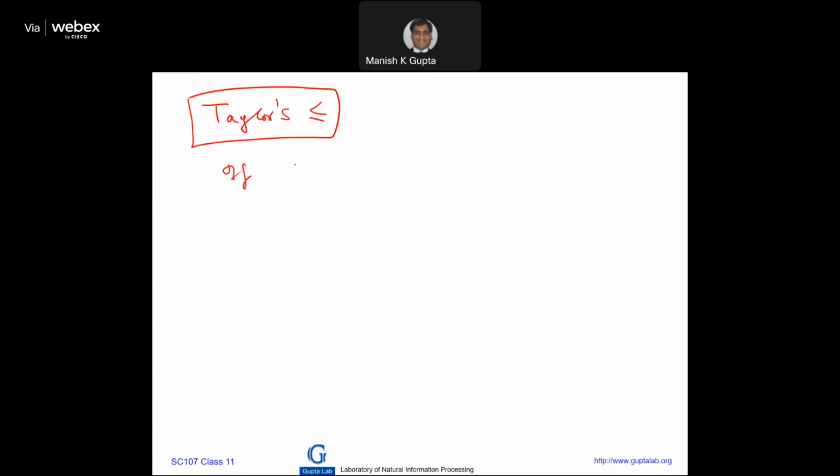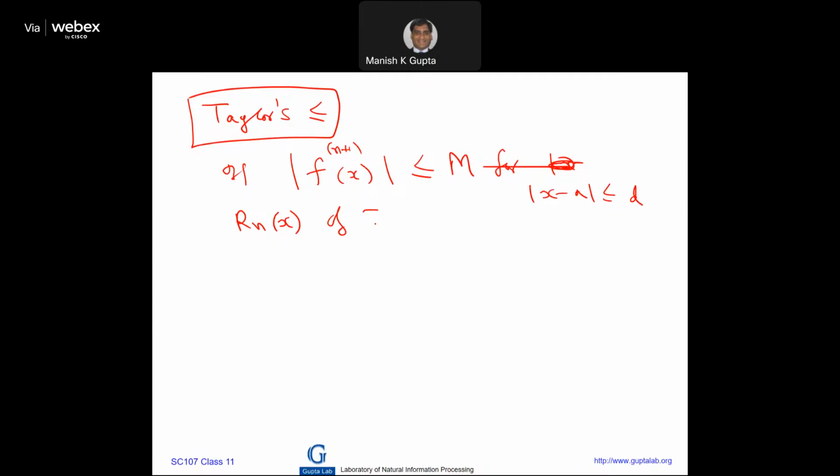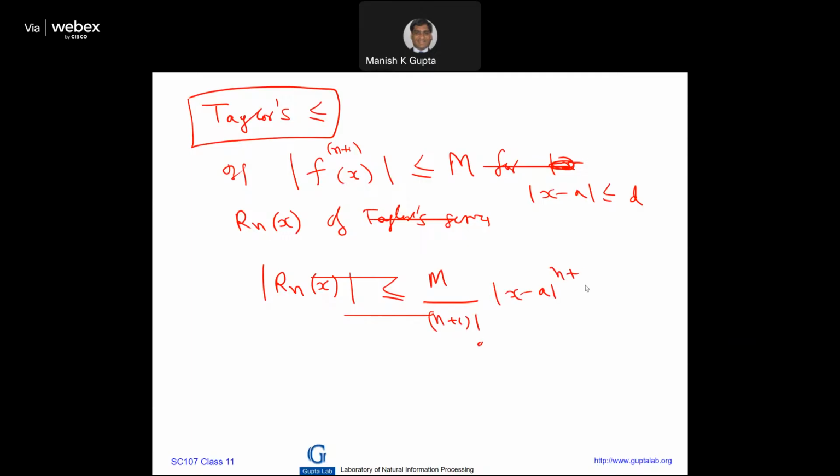If mod of f^(n+1), this is the derivative with respect to x, n plus 1 times differentiation, is less than or equal to capital M for mod of x minus a less than or equal to d, then the remainder Rn(x) of the Taylor series satisfies this inequality: mod of Rn(x) cannot exceed capital M divided by factorial n plus 1 times mod of x minus a raised to the power n plus 1.